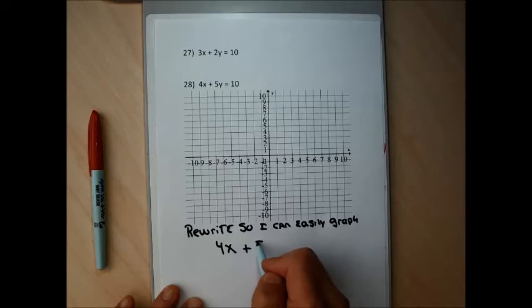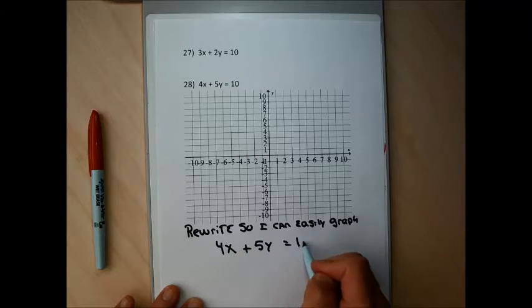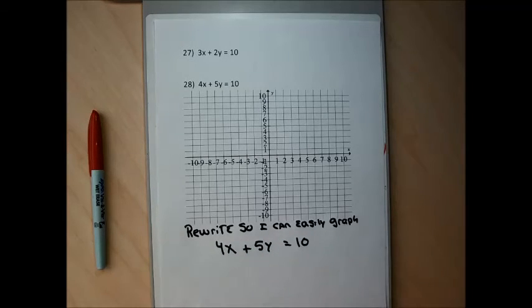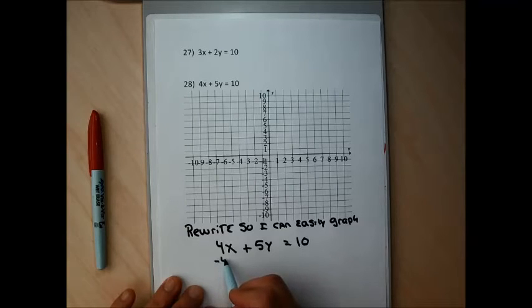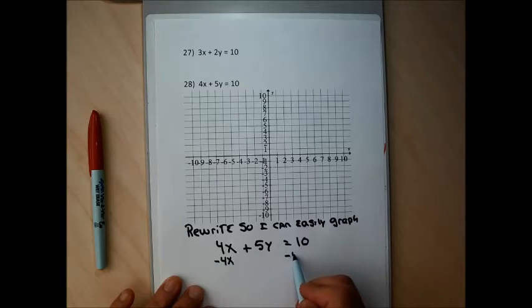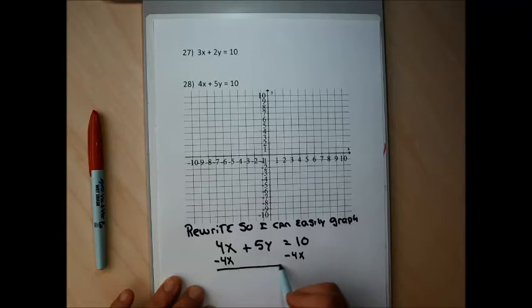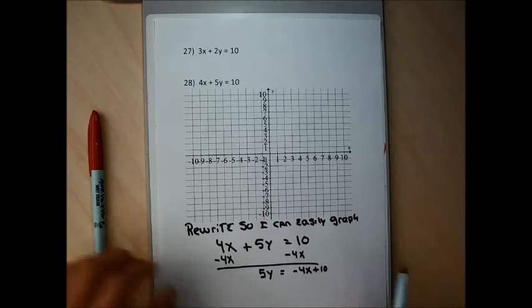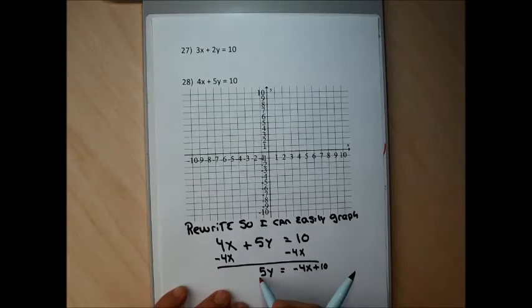This is in some sort of standard form, and in standard form, I can't tell you any points. So I'm going to get it into slope-intercept form by solving the equation that's given to me for y. So I'm going to minus 4x from both sides. That's going to give me 5y equals minus 4x plus 10. And I'm going to divide by 5.